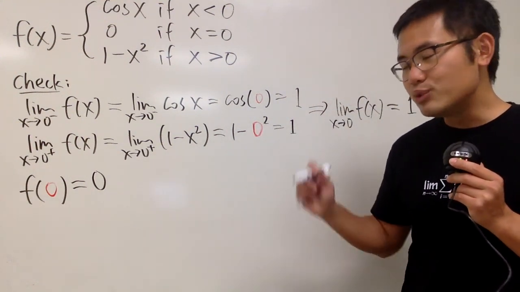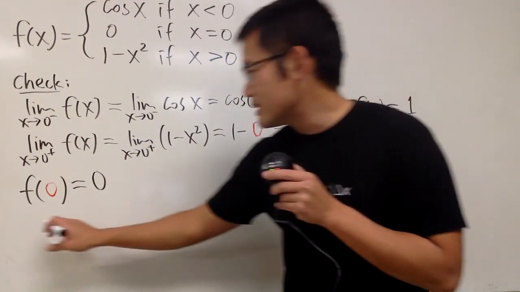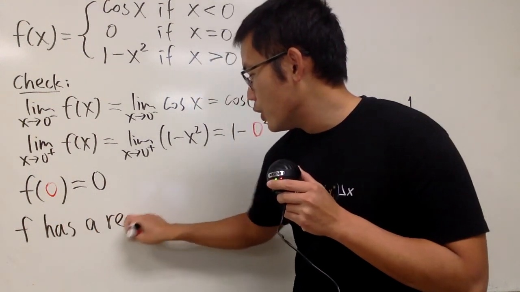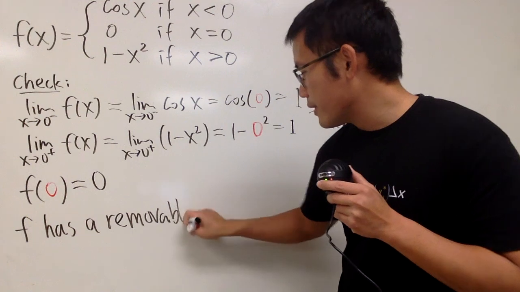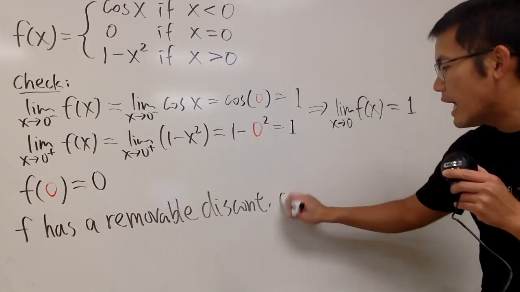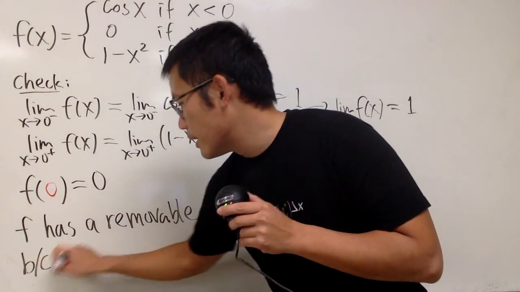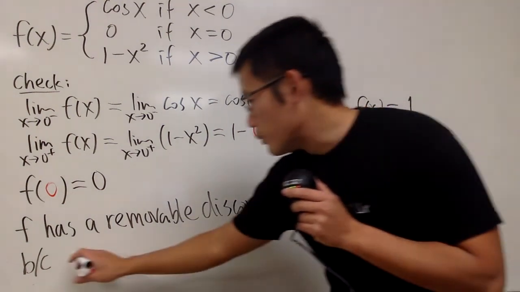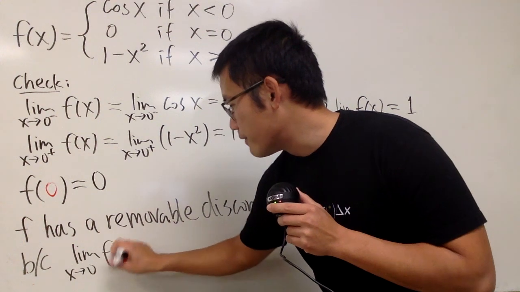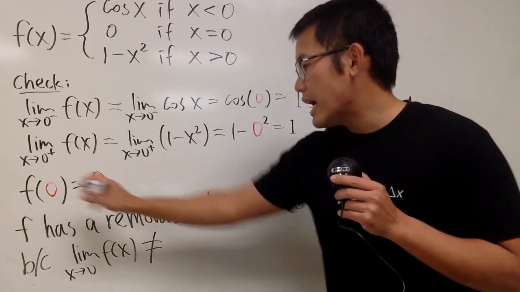And in fact, in this situation, we actually have a removable discontinuity. So I will just write this down here for you guys. First, f has a removable discontinuity at x equal to 0, and the reason is because, based on our computation, the limit as x approaching 0 of the function is not equal to f of 0.